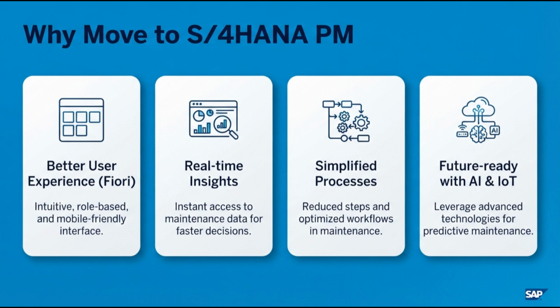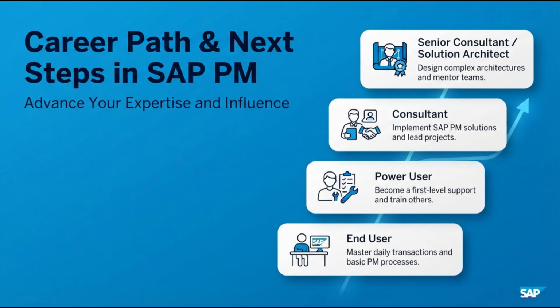Building a career in SAP plant maintenance offers multiple paths. You can start as an end user or planner, grow into a power user, and then move into a functional consultant role. With experience, you can become a senior consultant, solution architect, or specialize in areas such as S/4HANA EAM or asset management.